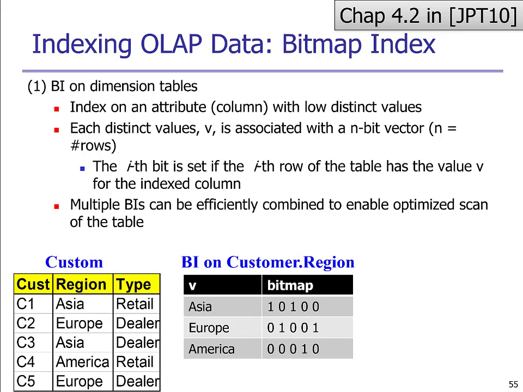The number of different values. Okay, the number of different values. So we want to have a low number of different values on this kind of attributes or columns. For example, in this table, arguably region is a good choice, as it has three different values in this small table.